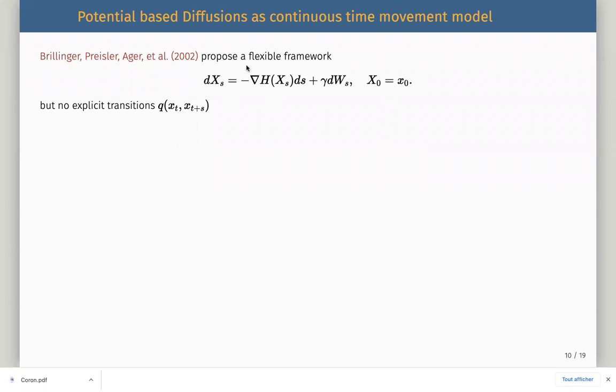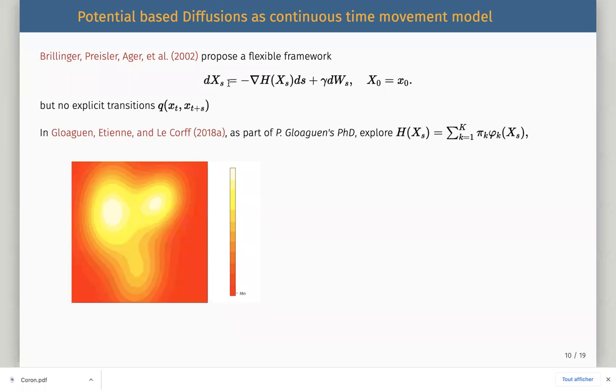Of course, if you do so, you no longer have the explicit transition density between two successive positions, but you can use some discretization or some approximation, and that we have explored during Pierre Gloaguen's PhD, by giving a semi-parametric form to the attractivity of the environment.